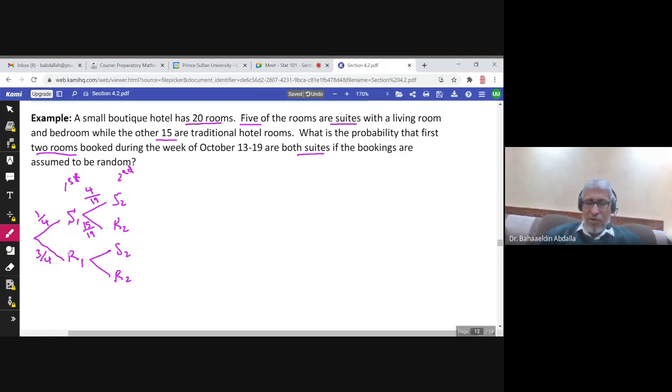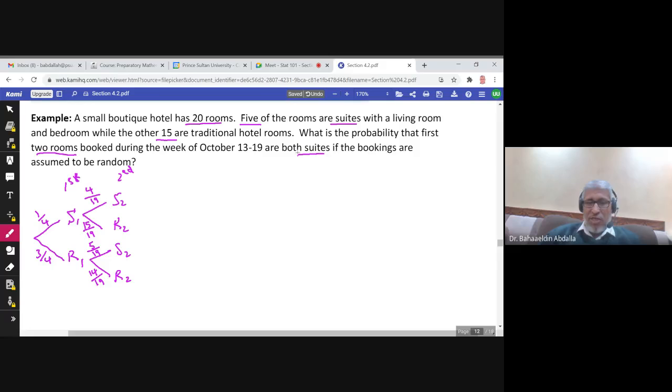Now, if the first room selected is a traditional room, I still have 19 rooms because one room is picked, but I still have 5 S. So here 5 over 19, while here I have 14 over 19 because one traditional room was selected. So these are given probabilities.